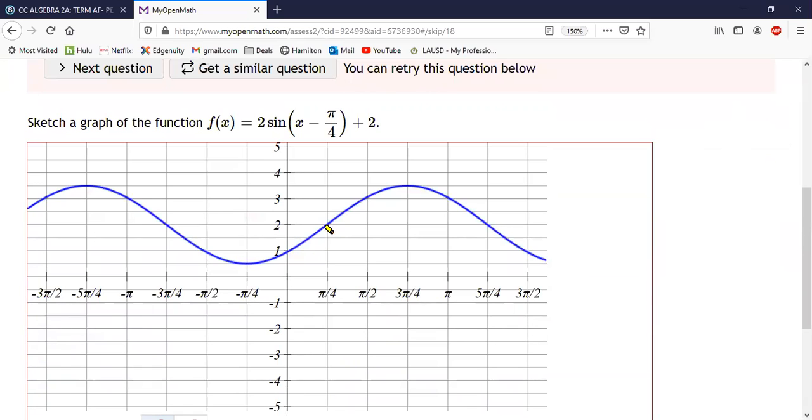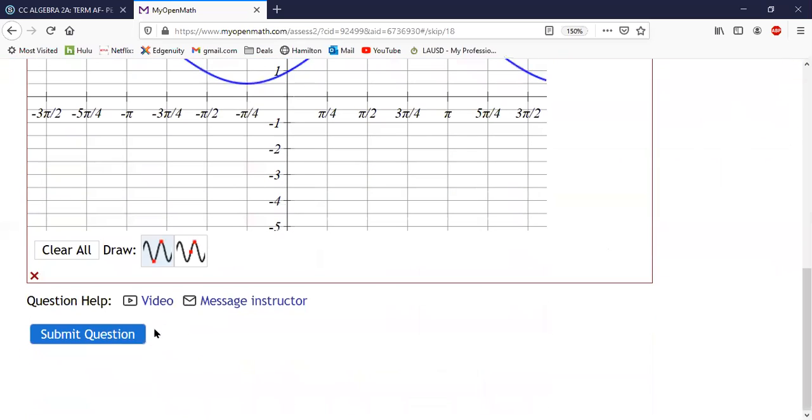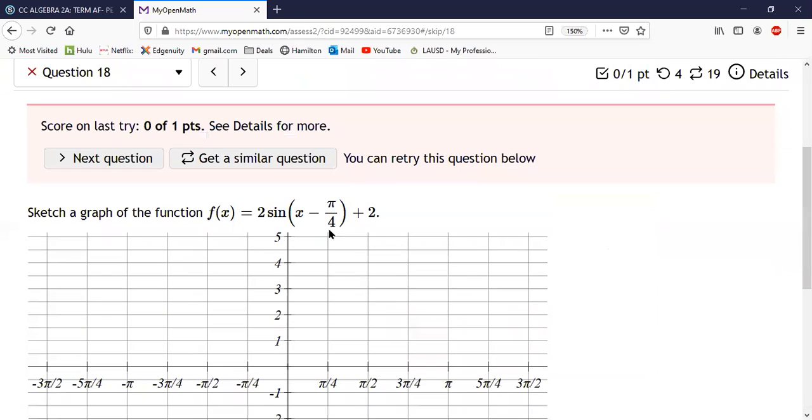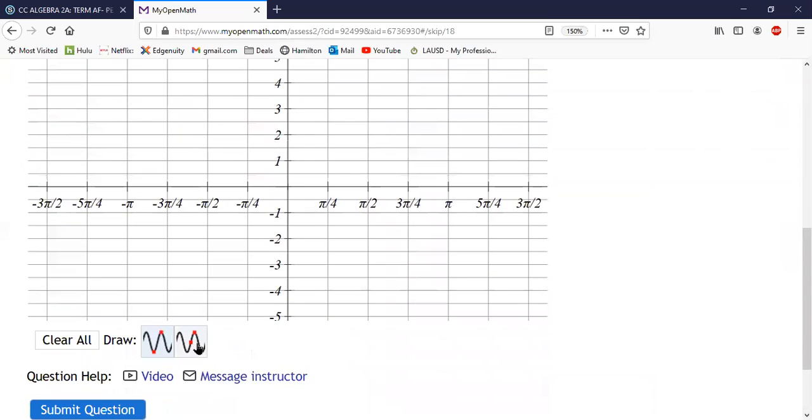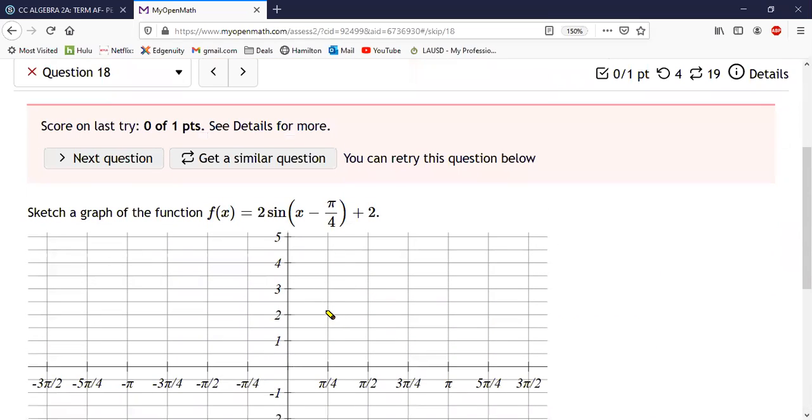Okay, let's try again. Clear all. We said our phase shift is going to be positive pi over 4. And this is a positive sine graph. Sine graph going up at pi over 4. We said it's going to take us 2 pi to finish, so I'm going to make this graph go out to right here.